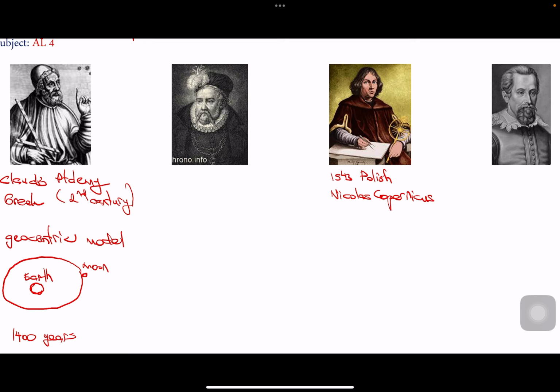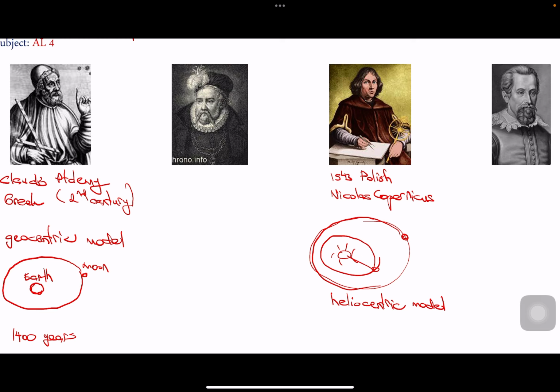We have the sun here, and other planets are revolving around it in circular orbits. So this model is called the heliocentric model.